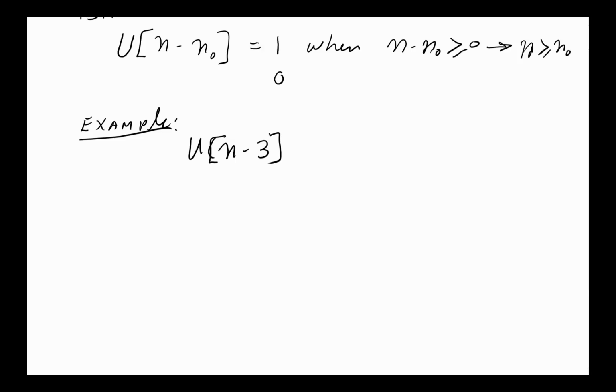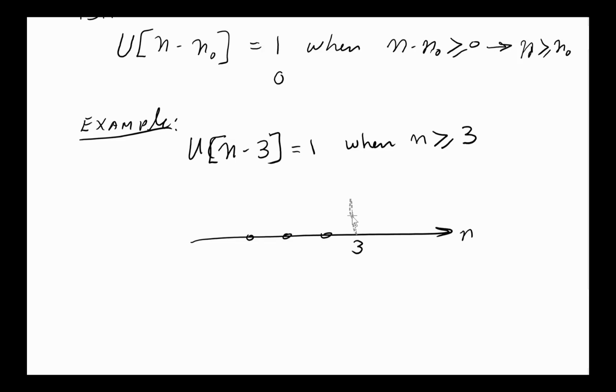Based on the definition, this is equal to 1 when what's inside is larger than or equal to 0, which means n is larger than or equal to 3. When we plot it, it's 0 all the way until you get to 3. At 3, it goes up to 1, and then it's 1 from then on all the way to infinity.